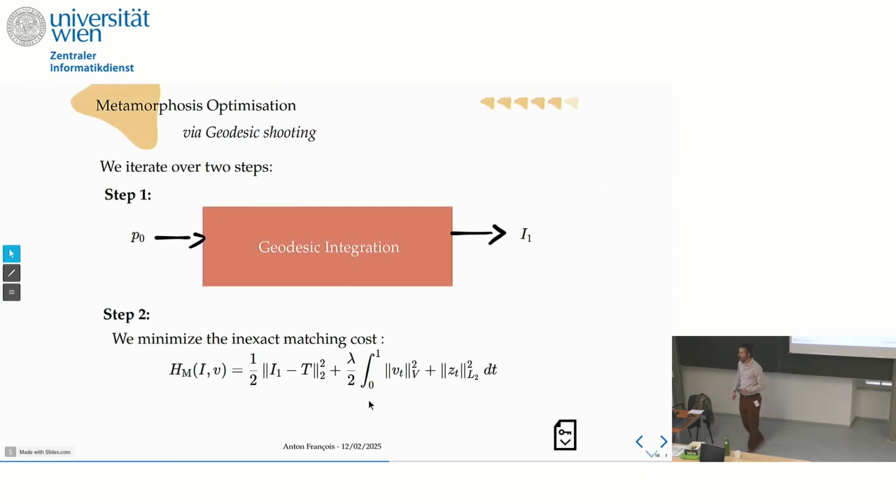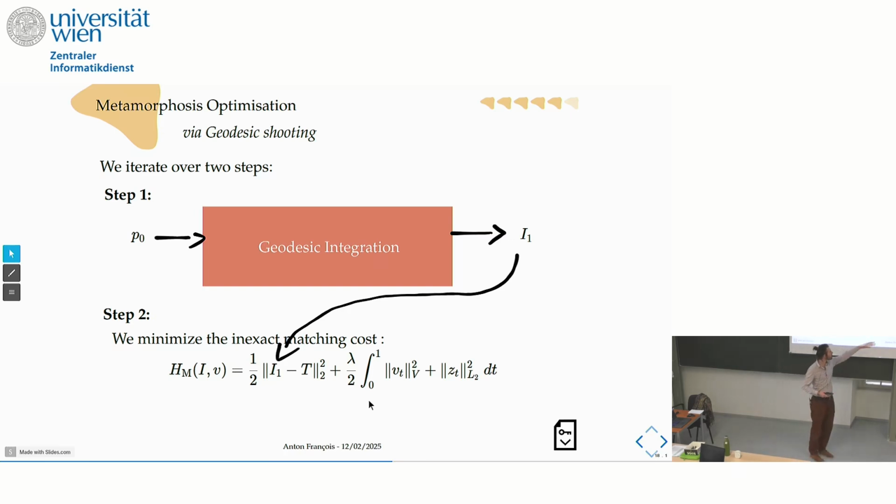Okay. So now the geodesic shooting phase. We take a P0 initial momentum. We do the geodesic integration with the equations. We get an image at time 1. We plug it into a data cost. So we relax the exact matching problem with a data cost.